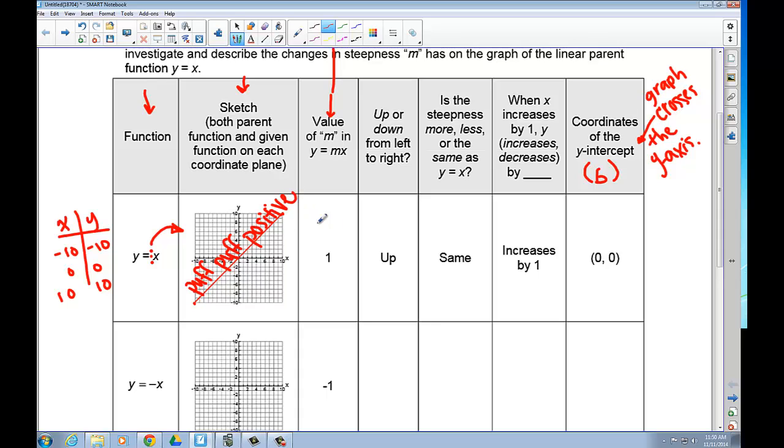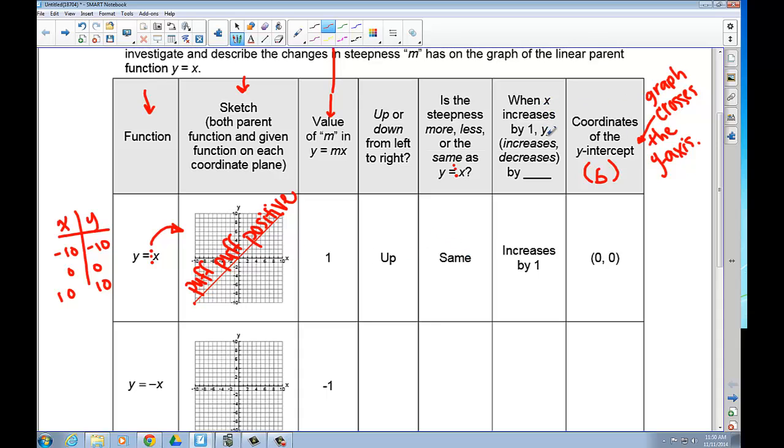Since it's going uphill, you know that it's going to go up, and it's positive slope from left to right. And is it the same as y equals x? Yes, because if our steepness is 1 right here, our steepness is 1 right here, then you know that they're the same. So we simply write the same.